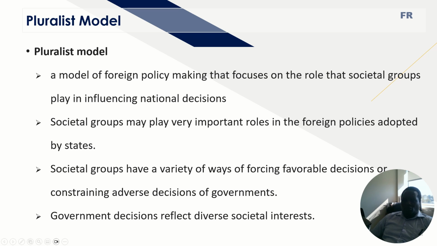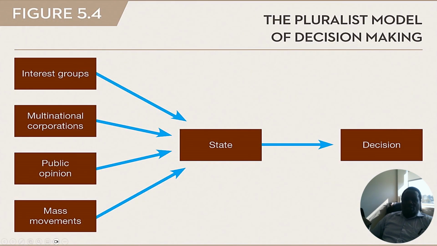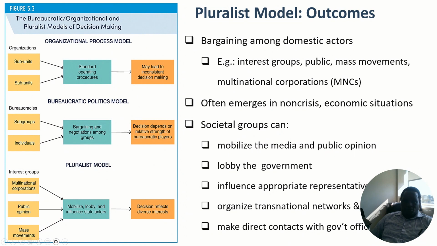So for example, if you think of the Israeli AIPAC, American Israeli Public Affairs Committee, or other trade and international groups, governments will be looking at these diverse interests. The pluralist model will look at all these different groups, such as interest groups, MNCs, public opinion, mass movements, other things like history, and then the leaders will make a decision.